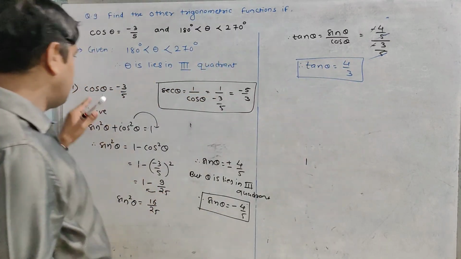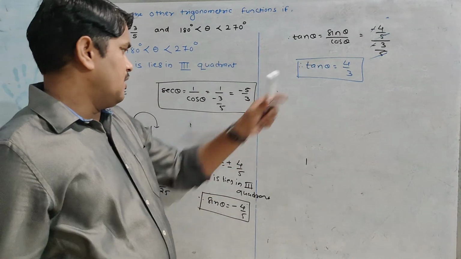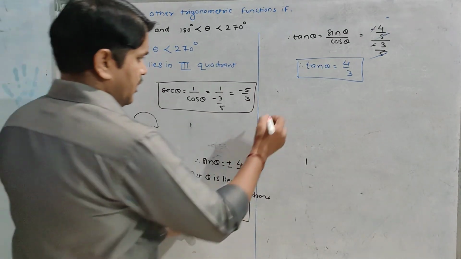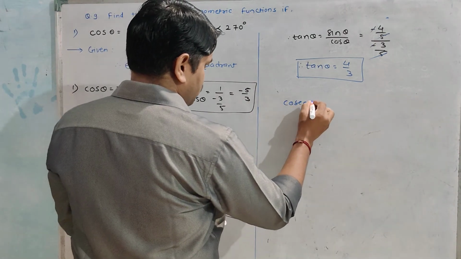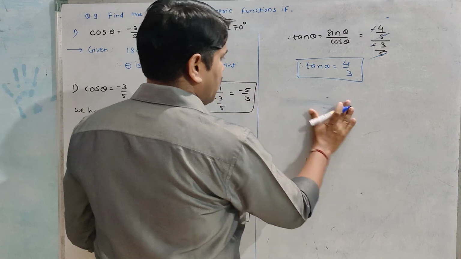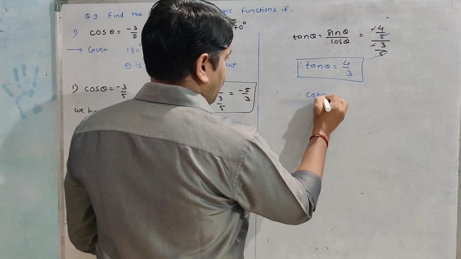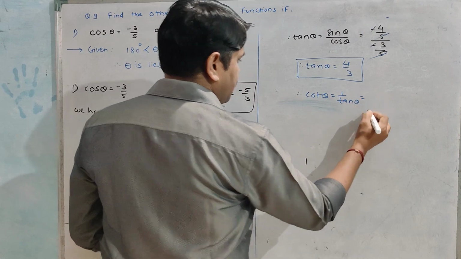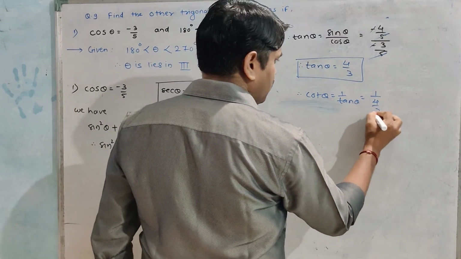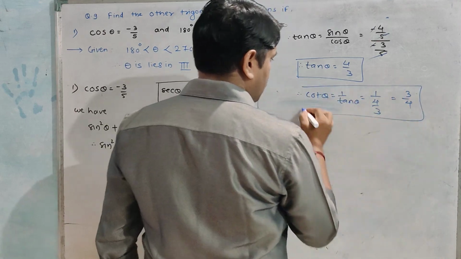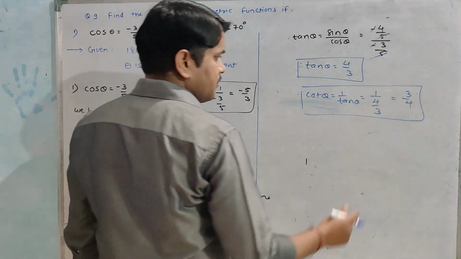This is the first, second, third, and fourth. By using sin theta, we get cosec theta. Then cosec theta is 1 upon sin theta. Okay, पहले अपन cot theta करो. Therefore, cot theta is equal to 1 upon tan theta. So we get 1 upon 4 upon 3. So we get 3 upon 4. This is our cot theta. Okay.